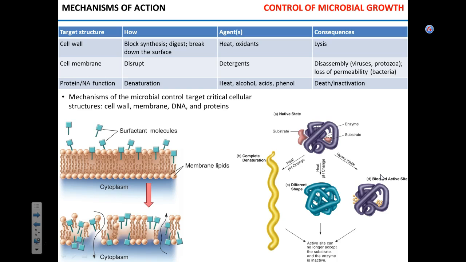So what these microbial control methods can target. If you think about this, there are few things that maintain the integrity of the microbial cell. One is cell wall, right?